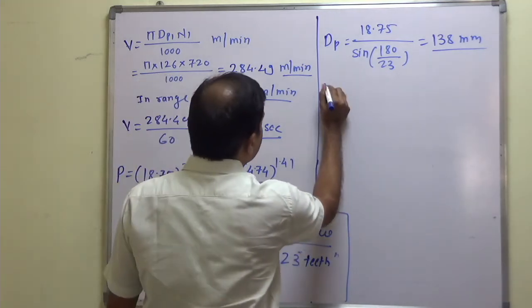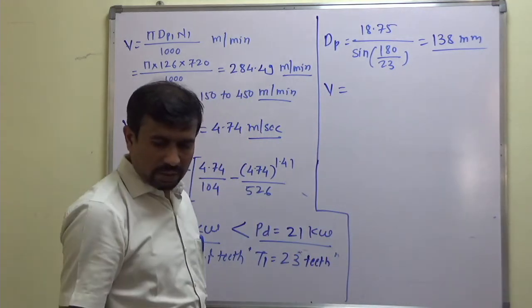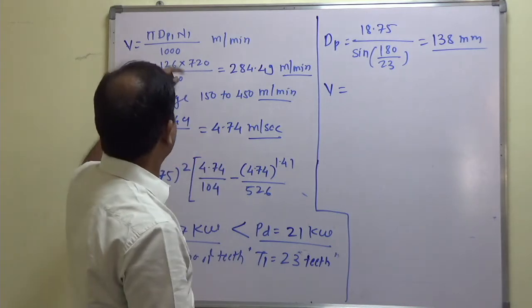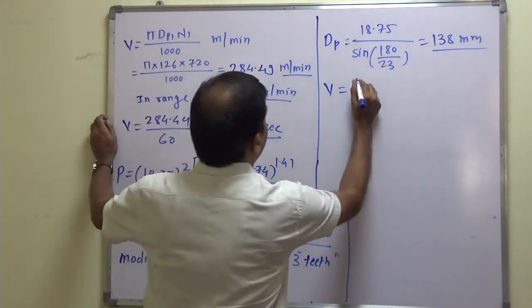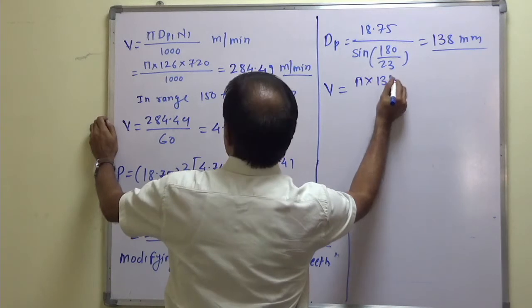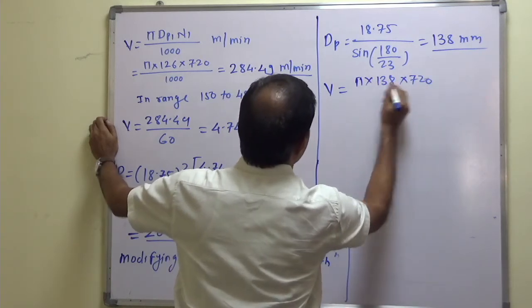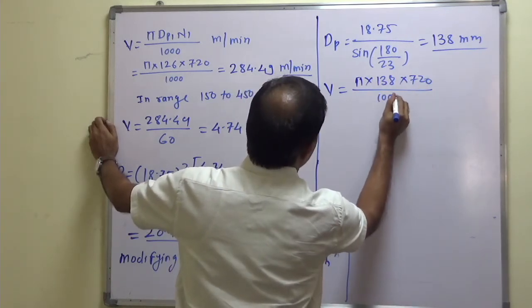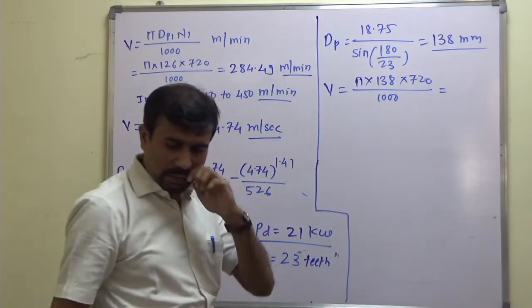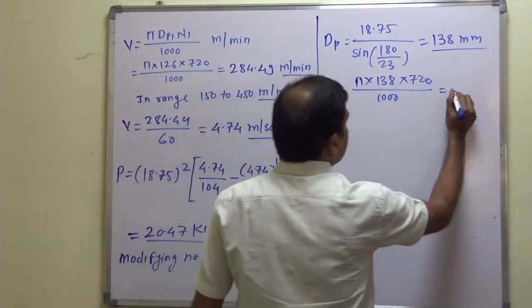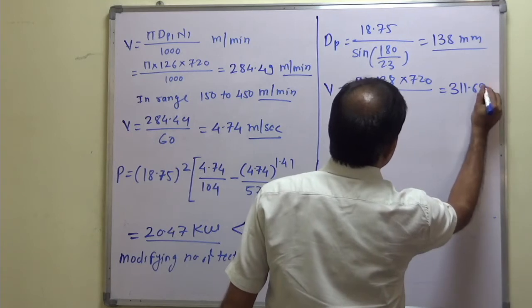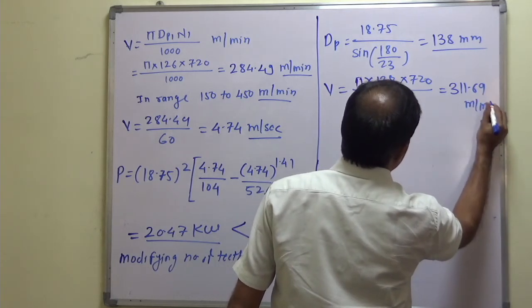For this dP, V is pi dn, so pi into 138 into 720 divided by 1000, which comes out to be 311.69 meter per minute.